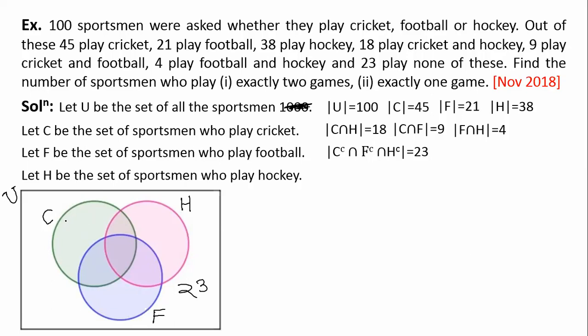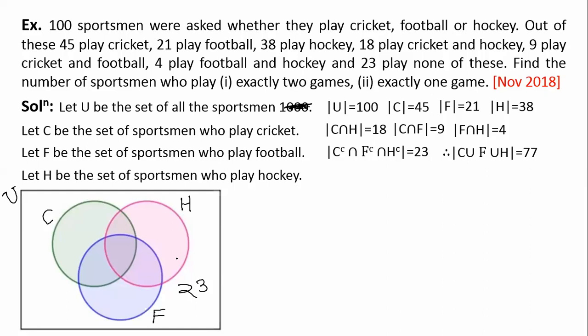So obviously cardinality of C union F union H plus cardinality of C complement intersection F complement intersection H complement must be equal to cardinality of the universal set. And thus we can say that the cardinality of C union F union H is equal to 77.